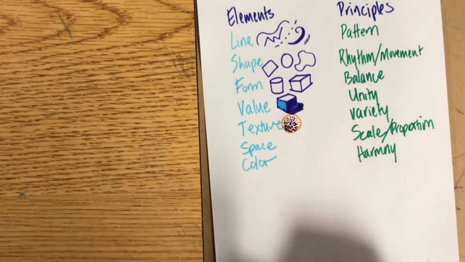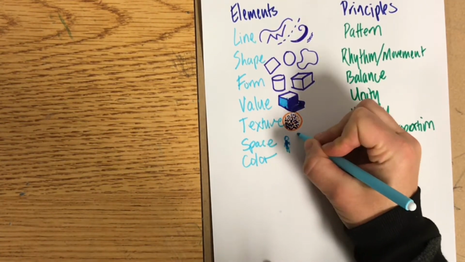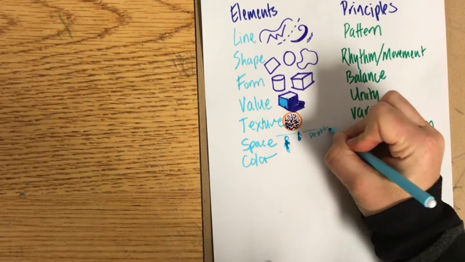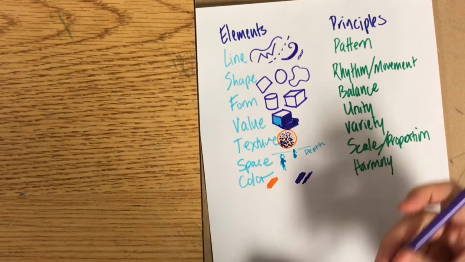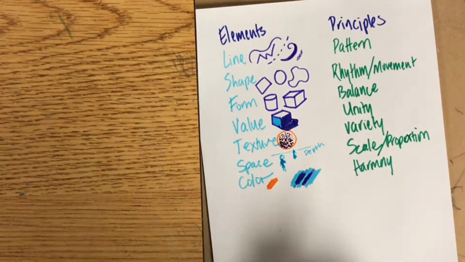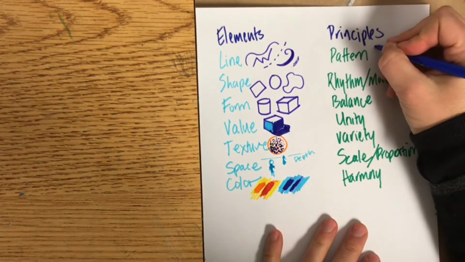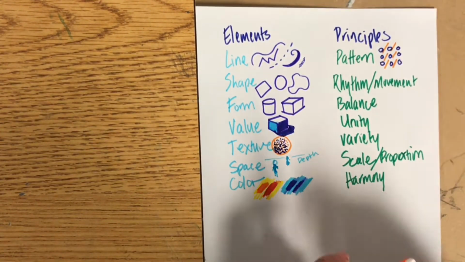Texture is the way that the surface feels. Space, it has to do with the space between the objects. So you can do positive and negative space, which positive would be the object taking space. Remember color, we already gone over color.